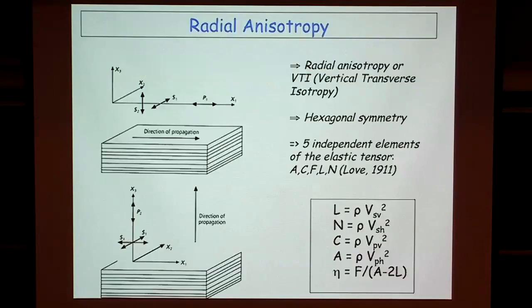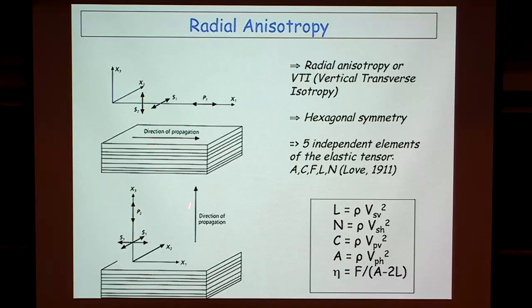So simple. Of course, we have to simplify things in seismology because we're not going to be able to resolve the 21 elements of the elastic tensor. The simplest system, which we use a lot and can resolve in some cases, is radial anisotropy, also called vertical transverse isotropy. It's a hexagonal symmetry case, and one example is layering.